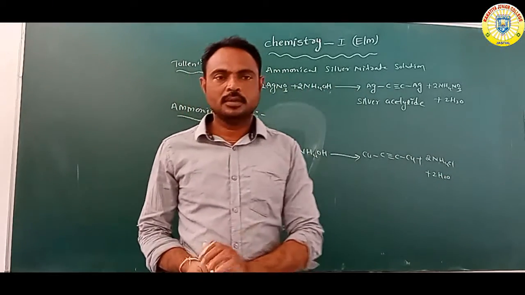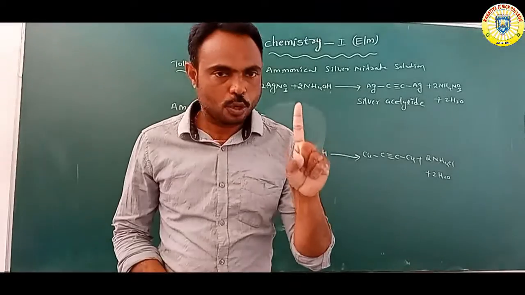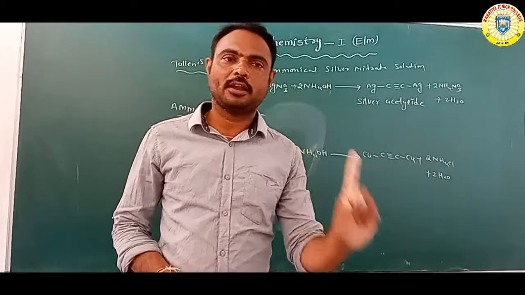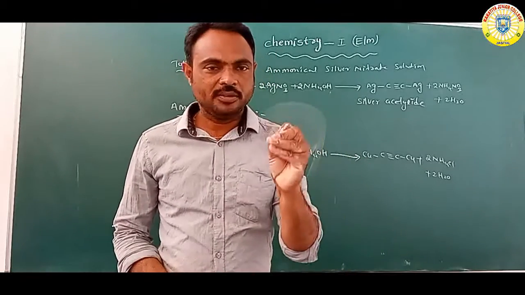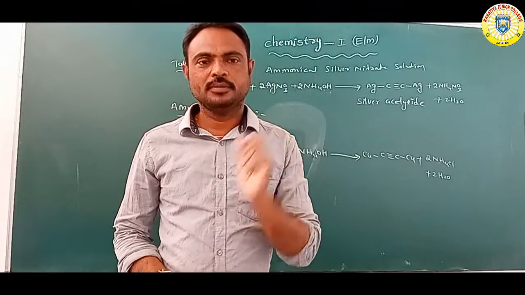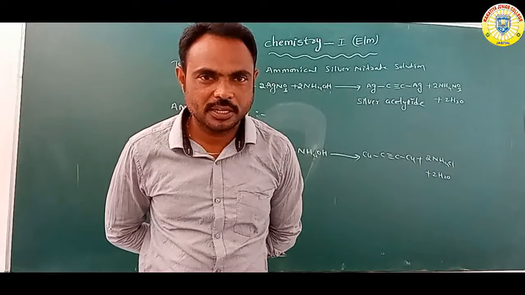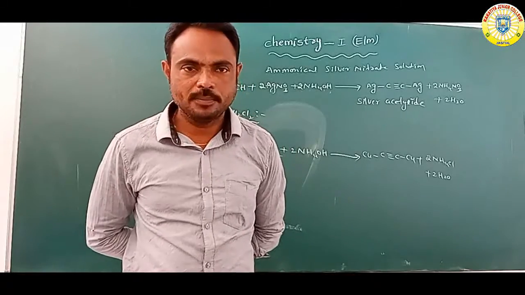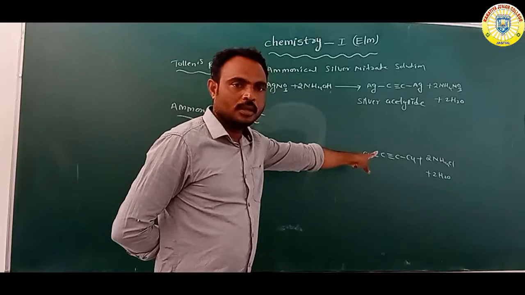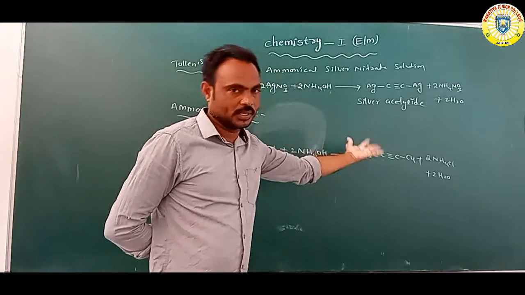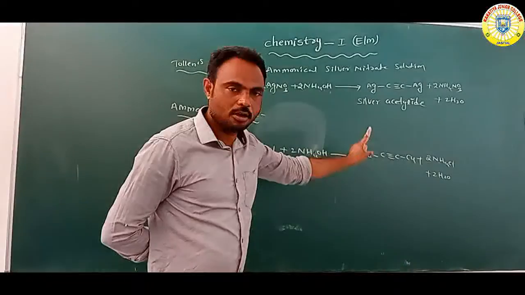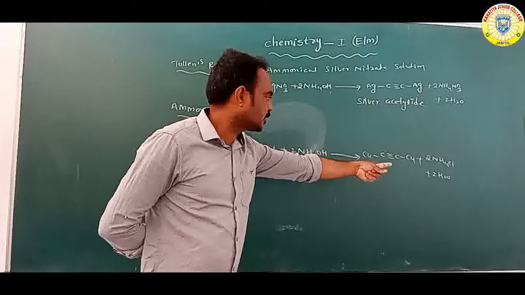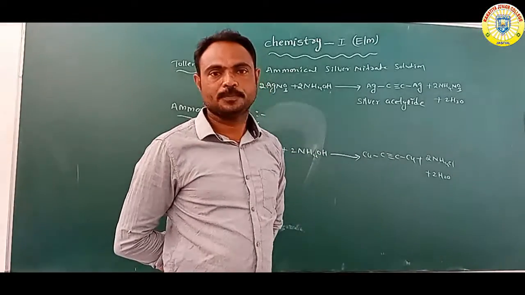Ammoniacal cuprous chloride means the combination of cuprous chloride and ammonium hydroxide. When we take acetylene, it reacts with the ammoniacal cuprous chloride solution to form, number one, copper acetylide, next ammonium chloride, next water molecules.